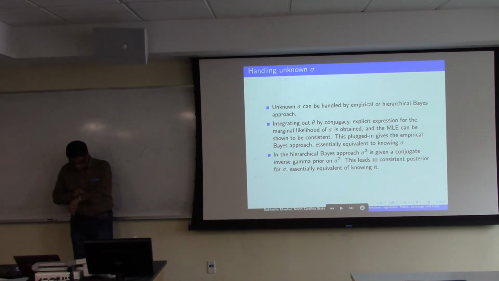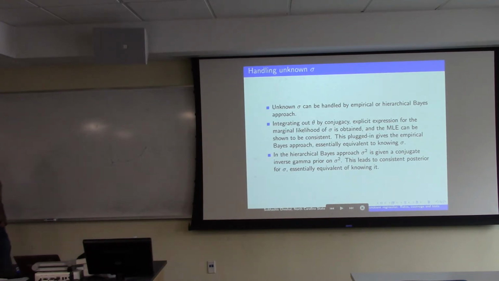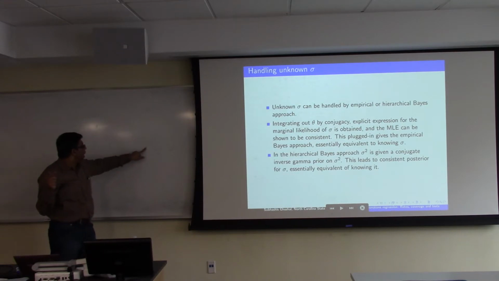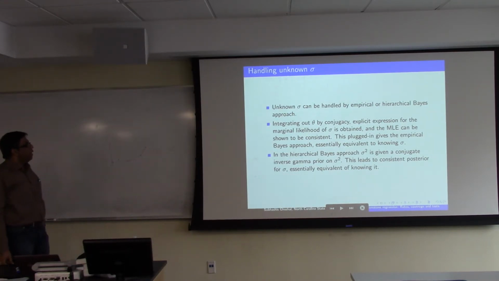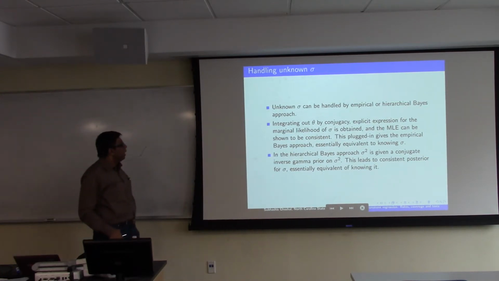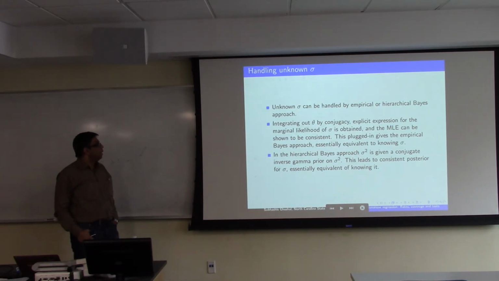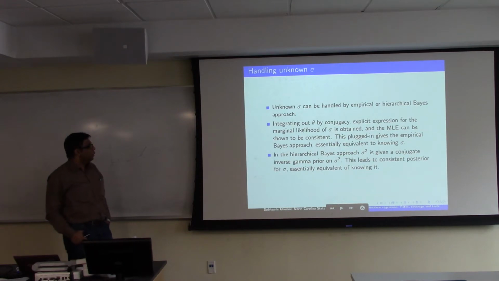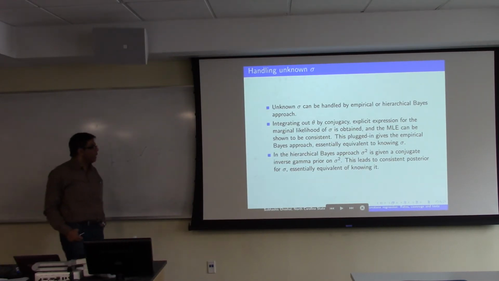Before we go there, let me remark that known sigma is kind of idealistic. Unknown sigma is the real thing, and it can be easily handled by plugging in an estimator obtained by marginal likelihood. That's the empirical Bayes approach, or by putting a further prior like a conjugate inverse gamma prior.